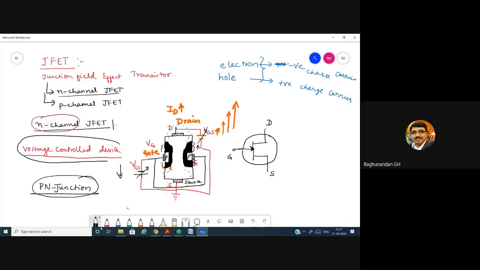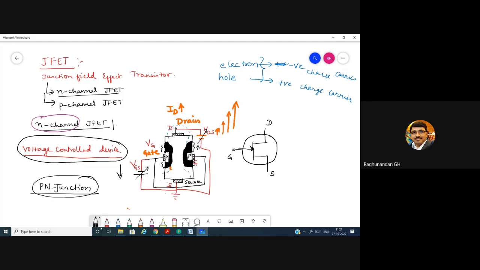That's why the name voltage control device. Which is the voltage that is going to control this device? VGS, sir. Yes, VGS is the voltage which controls the flow of charges in this device.